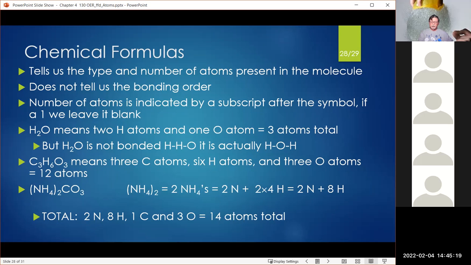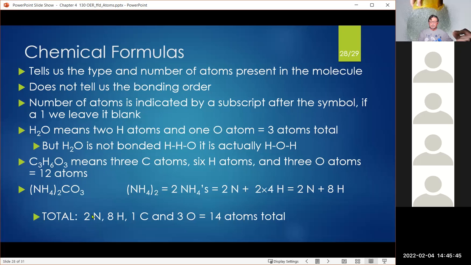All right, 2. And we got CO3 that we're going to learn to recognize is also a polyatomic ion called carbonate, CO3. But right now we just want to know how many atoms of each. So we have 2 nitrogens, you can hopefully see that, and there are 8 hydrogens for the total number of the 2 ammonium polyatomic ions.